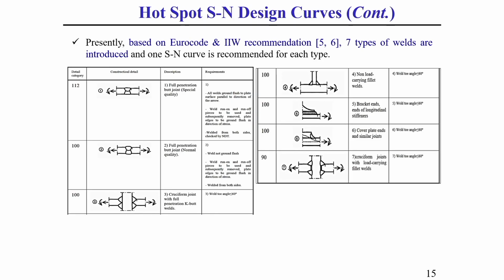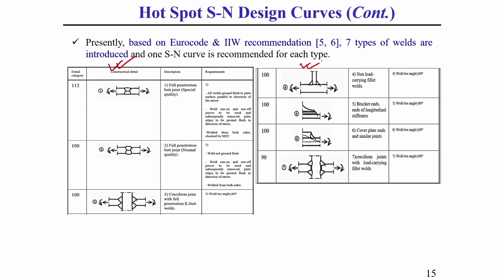Nowadays, according to the Eurocode 3 and IIW recommendation, generally 7 types of welds are introduced and one SN curve is recommended for each type. This you should keep in mind. What are those 7 standards? You can see them in Table 1 and Table 2.